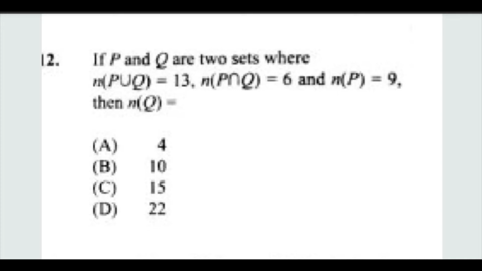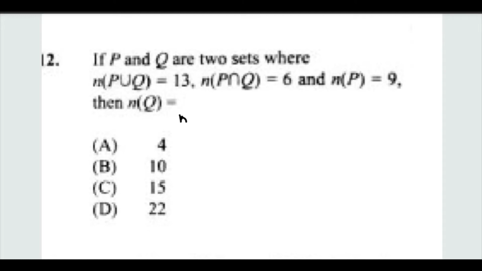So it says, if P and Q are two sets where the number of elements in P union Q is equal to 13, the number of elements in P intersect Q is equal to 6, the number of elements in set P is equal to 9, and the number of elements in set Q is equal to what? I want everybody to pay keen attention to what I did here. I'll use the counting rule.